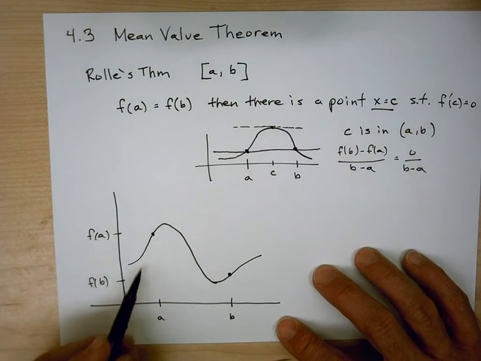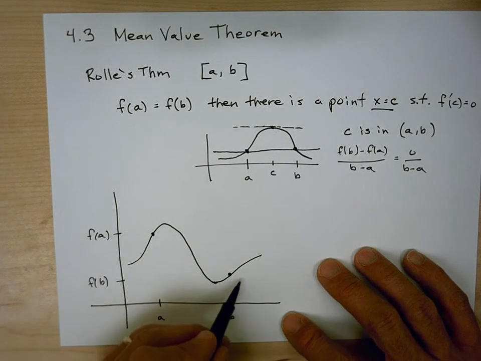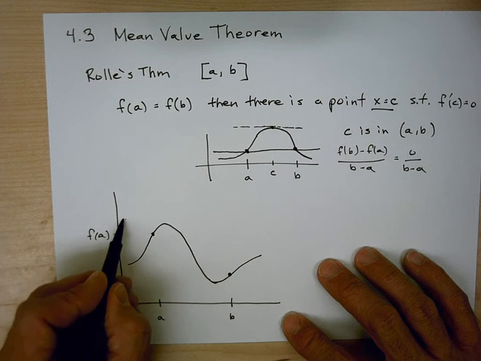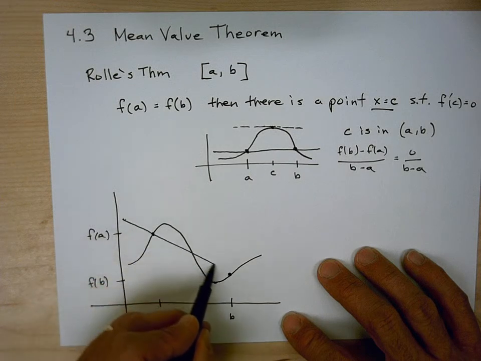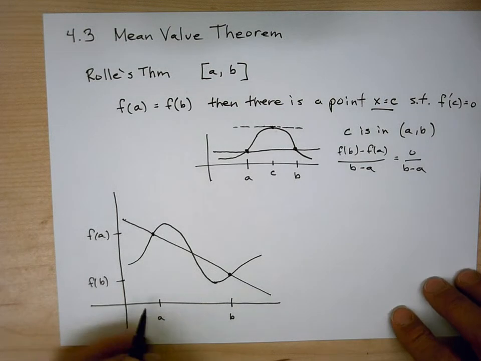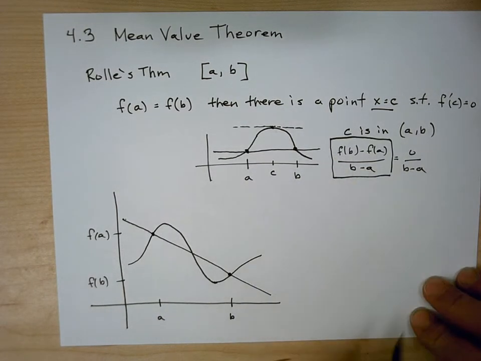The point is we're connecting A and B with a smooth curve, meaning it's differentiable everywhere. A secant line just goes through these 2 points, so I can just take a line and go through those 2 points. What's the slope? Well, we already have it up here. It's just that in this case it's not going to be 0.